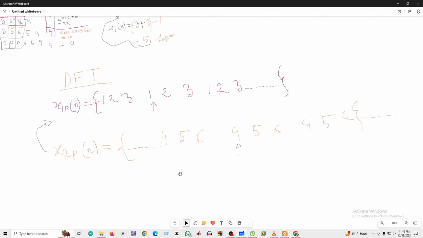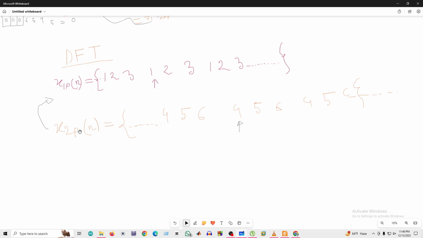So if you want to do the convolution with the DFT, you don't get x3 of n with the linear convolution. Let me write down x3 p of n, because you get x3 p of n also as a periodic signal, right?